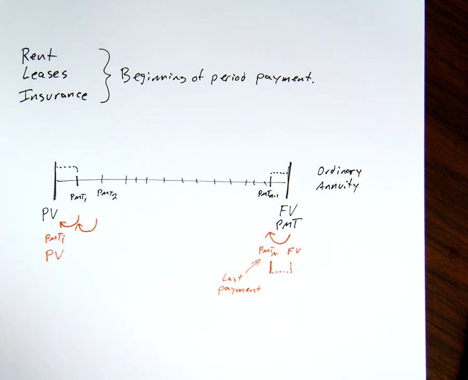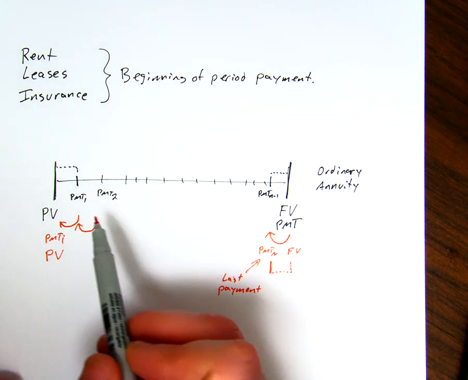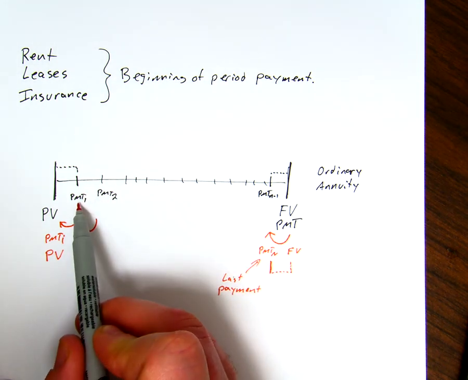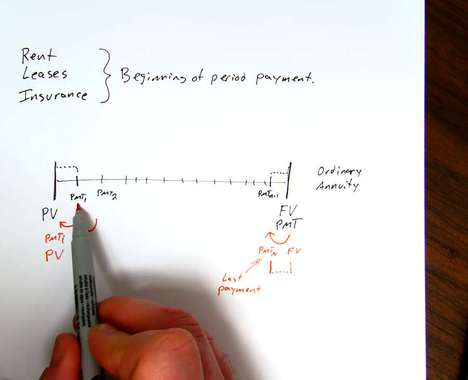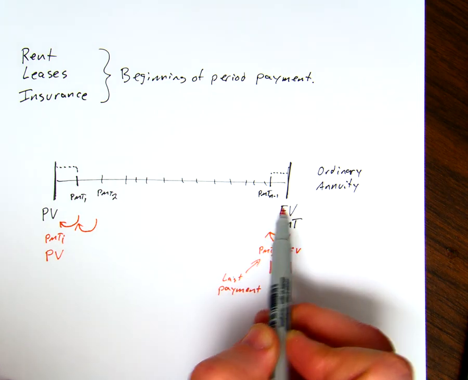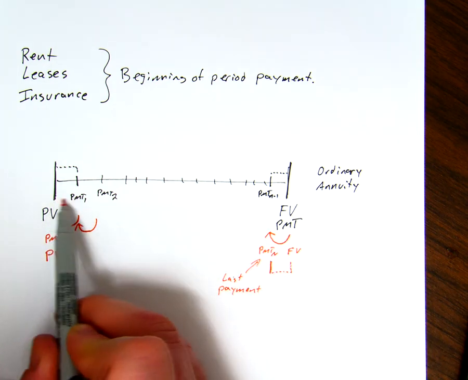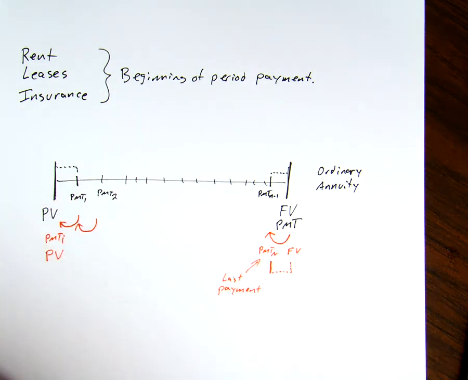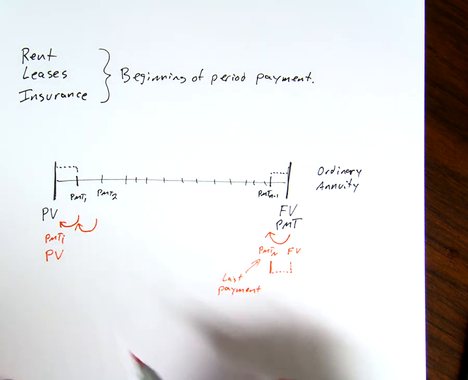Well, the difference is, if I take a look at this payment, payment 1 here used to be not quite the whole duration. Going into a future value, the payment would have been really one month short of that whole time. Now it's actually the whole time.